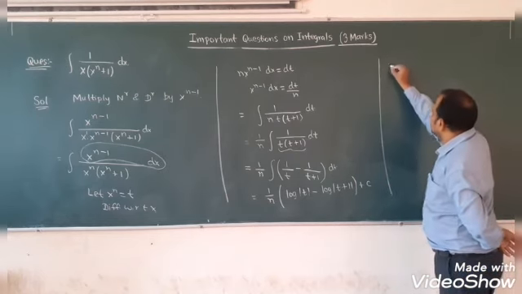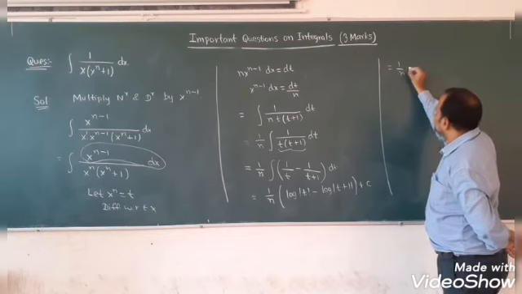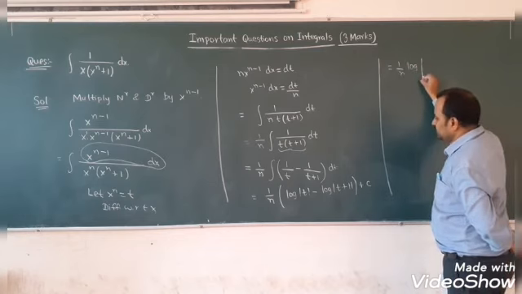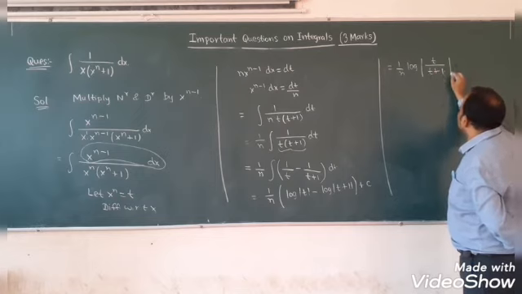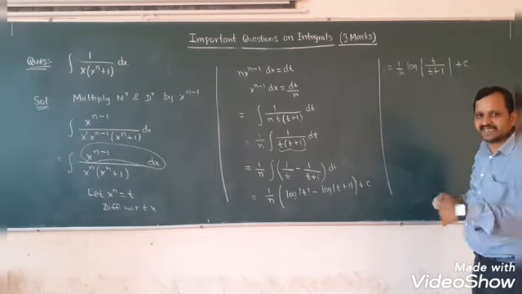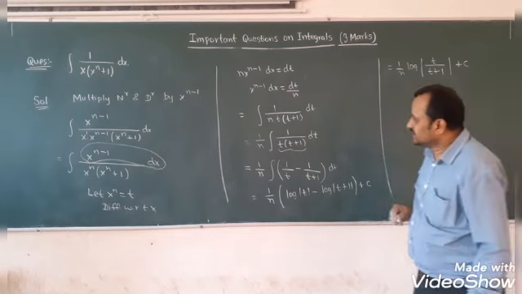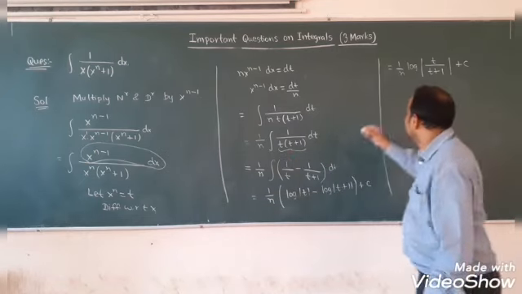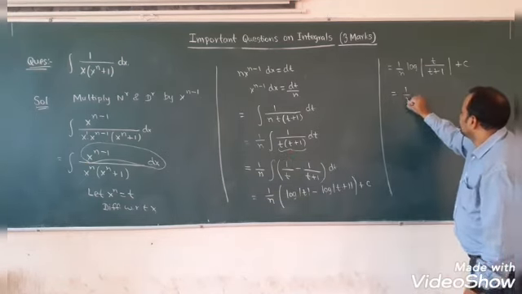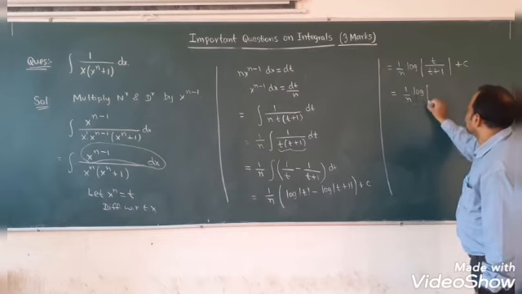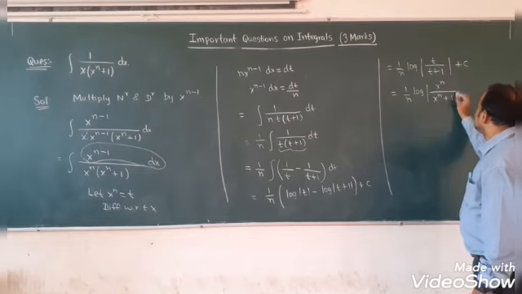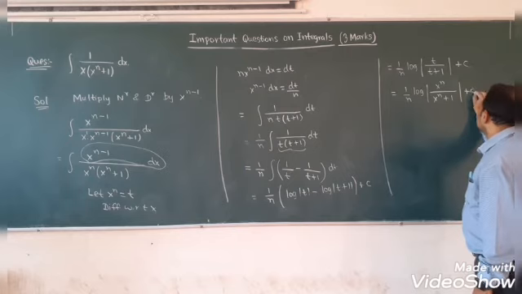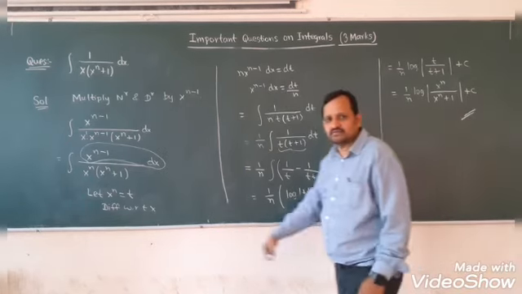So this is 1 by n times log of t by t plus 1 plus c. But t is nothing but x to the power n. So I can say 1 by n log of x to the power n divided by x to the power n plus 1 plus c. So this is the required answer.